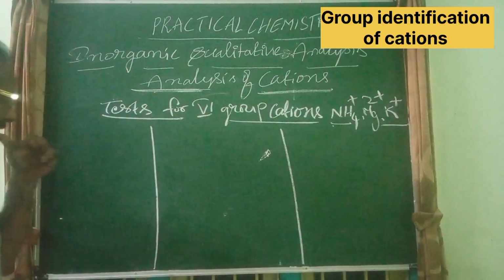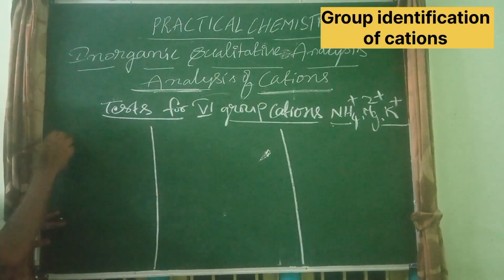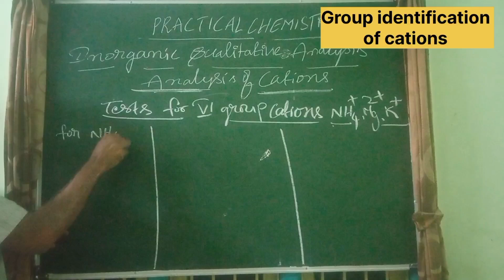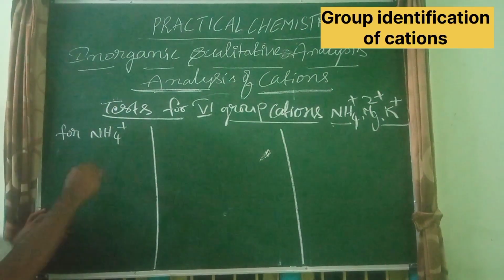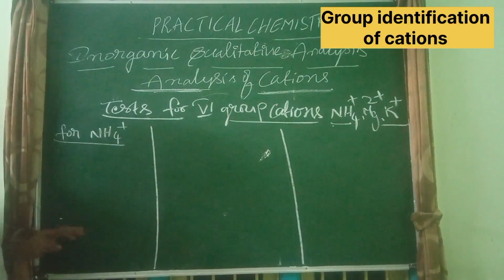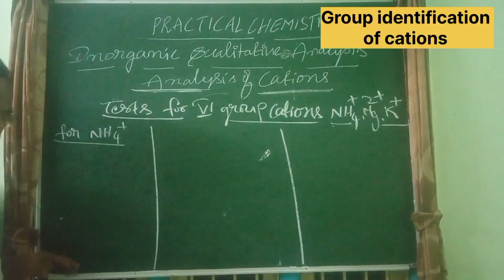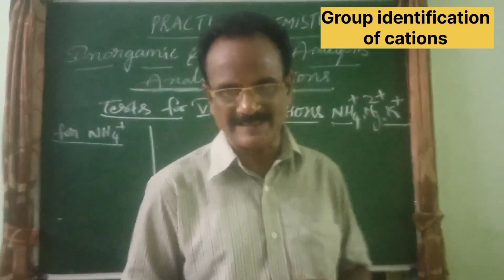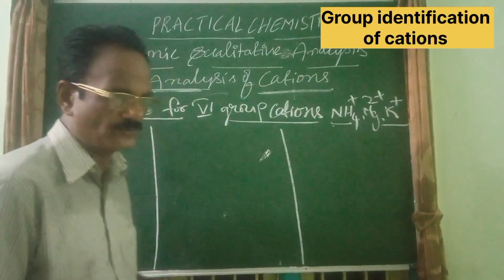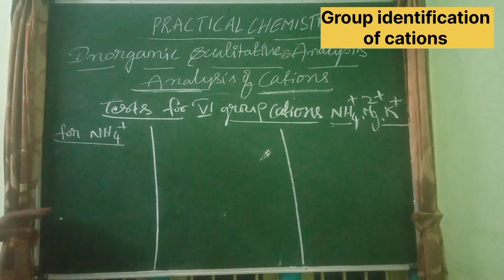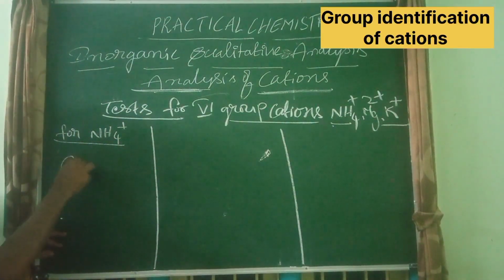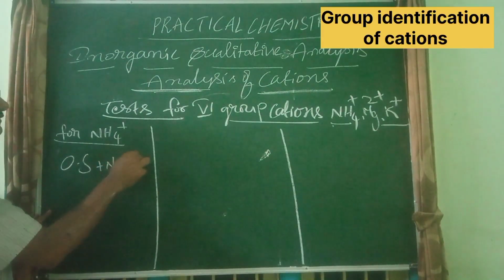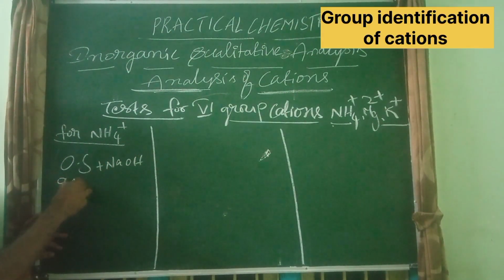See here, for NH4 plus. Okay. So if you suspect that there may be NH4 plus in the salt, then what you have to do, let us see. Original solution is added with NaOH and then heated.